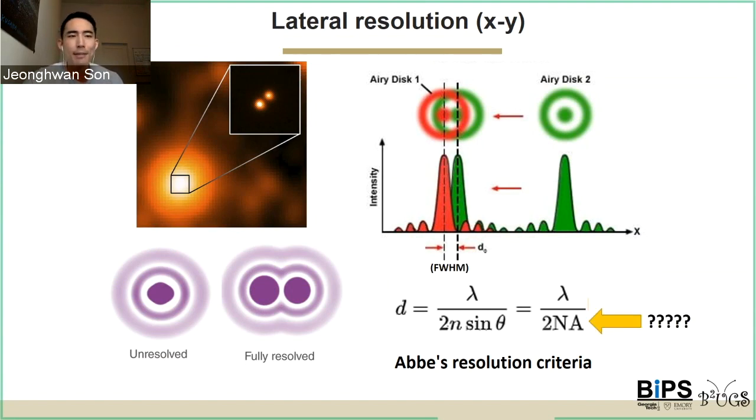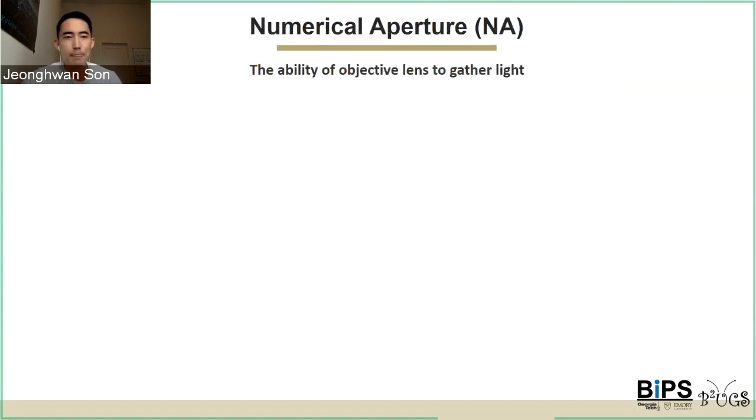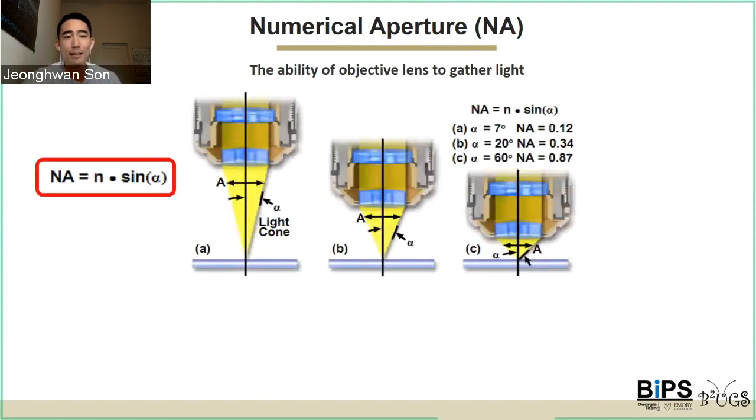Now, what is NA? NA is the ability of the objective lens to gather light, and it is a function of refractive index and converging angle. The sine term can be approximated as tangent, so that it is now a function of the diameter of the lens and working distance, which is the distance for the image to be focused.